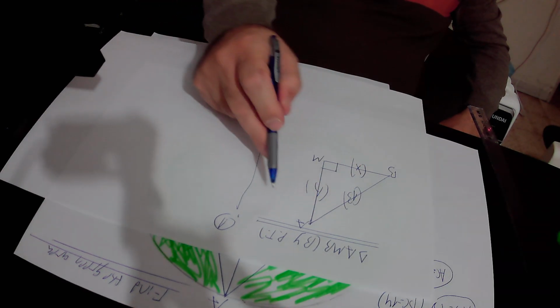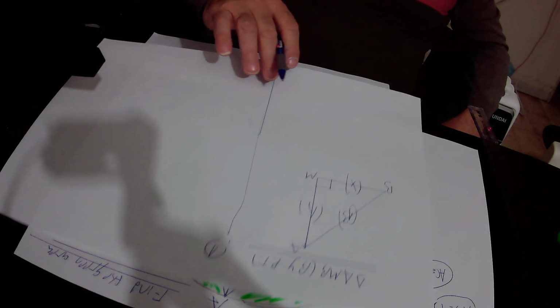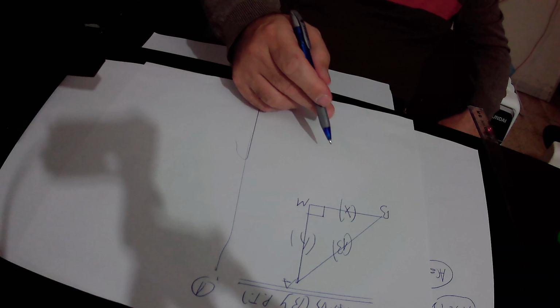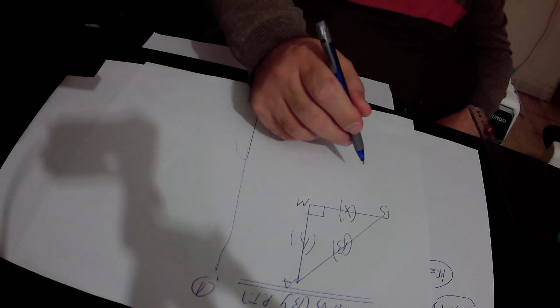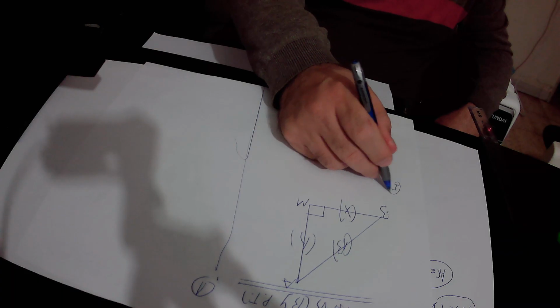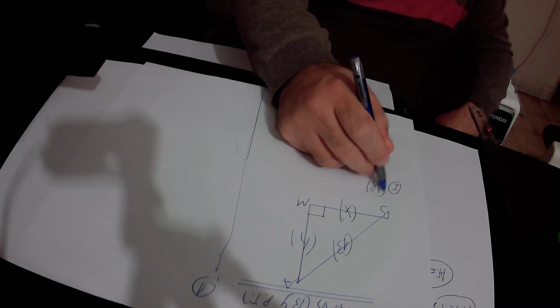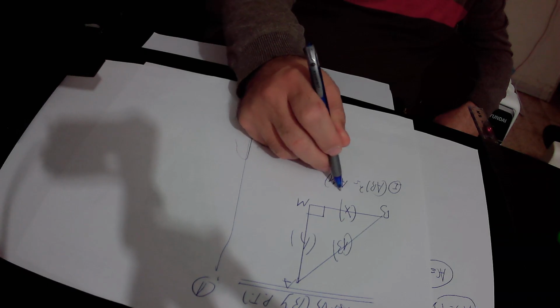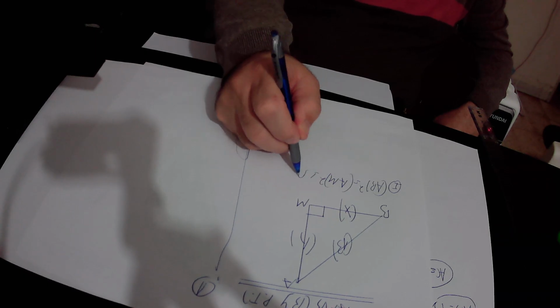Here by PT is the relation from Pythagoras theorem. According to the Pythagoras theorem, in this right triangle AMB, the square of the hypotenuse equals the sum of the squares of the perpendiculars, that is to say, AB square equals AM square plus BM square.